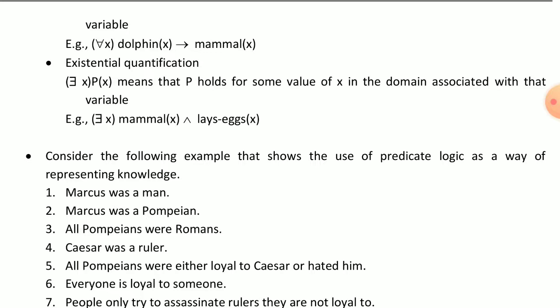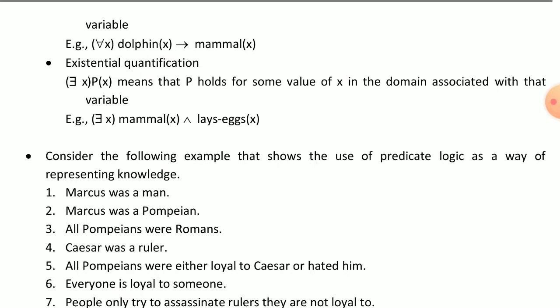So there exists x, P of x means that P holds for some value of x in the domain associated with that variable. Here we can take one propositional symbol P and it holds for the value of x.